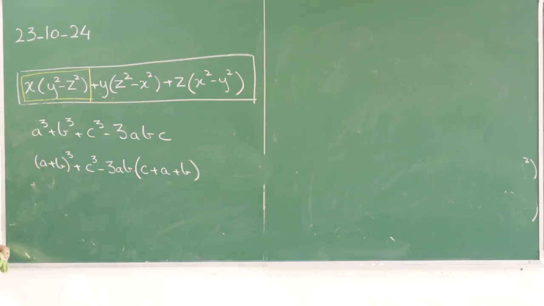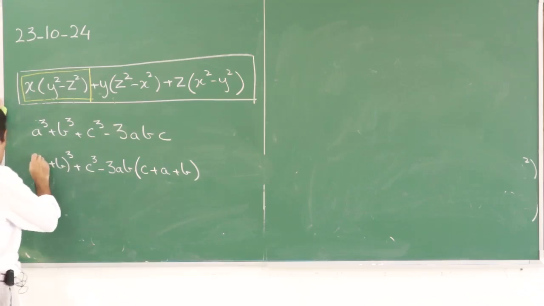Okay. a cube plus b cube equals a plus b into a square minus ab. सॉरी, इसको अब आगे कर रहे हैं. Okay, a plus b cubed is equal to, no sir, a plus b whole cube.